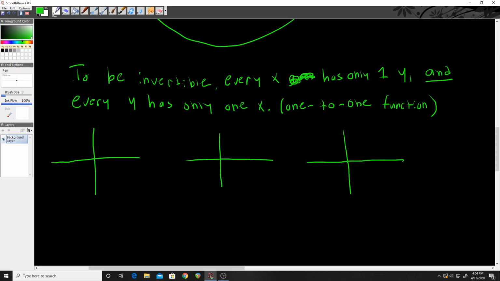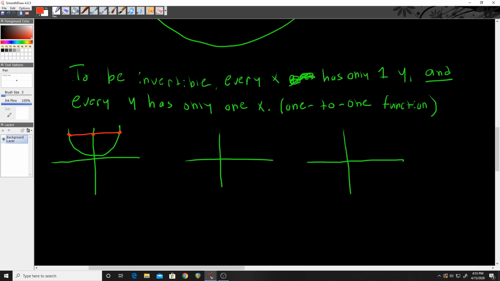So this one that I'm getting ready to draw, this thing is a function. Every x only has one y. But if I choose any y value, if I choose any height, there is more than one x that has the same y value, the same height. Okay?